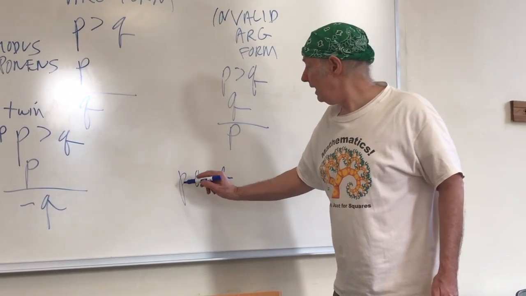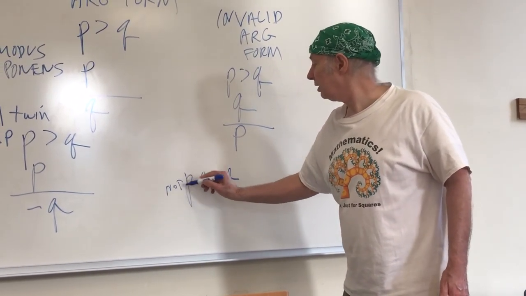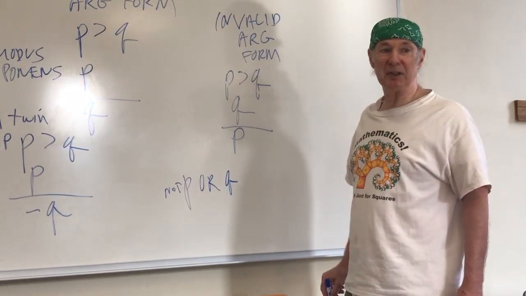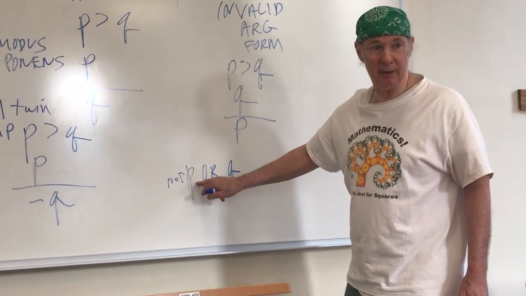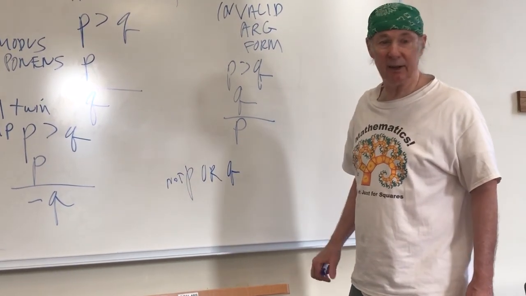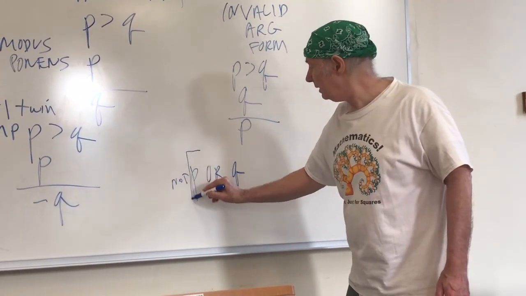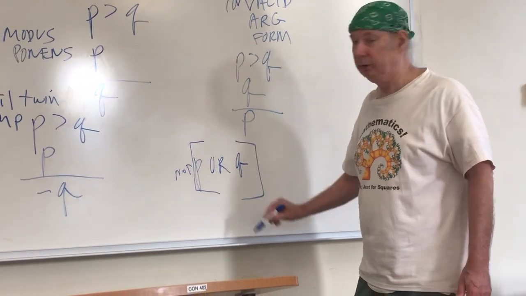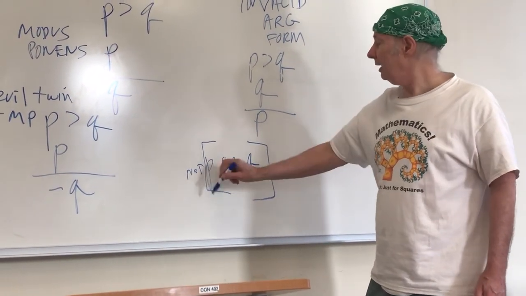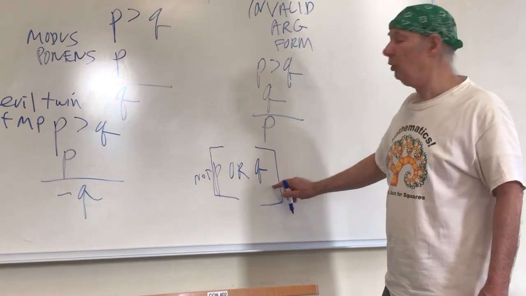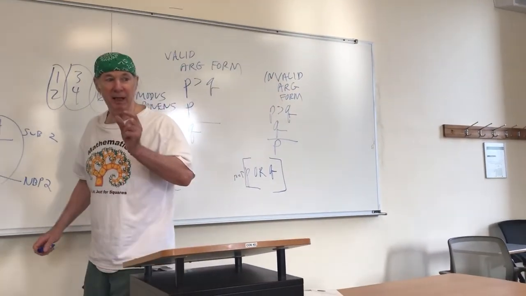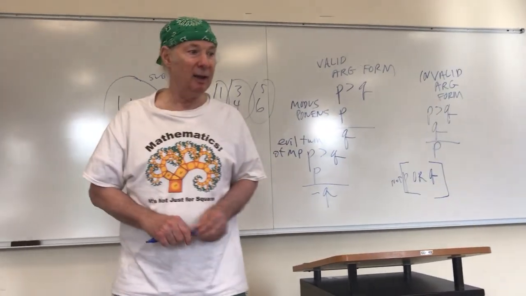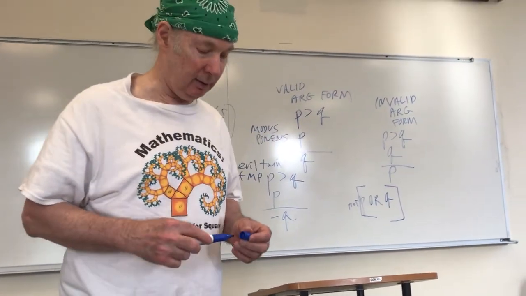If you just say not P, that's not going to give you an evil twin, because all you're doing is negating P. When I say negate the conclusion, negate the entire conclusion by putting a not in front of the whole thing. So if you just negate a piece of the conclusion, that won't give you an evil twin.